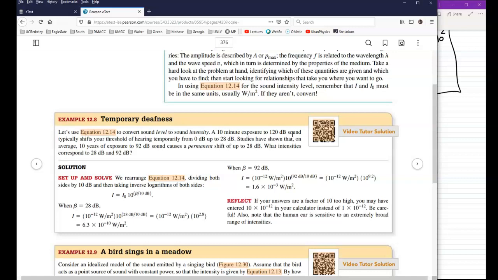So 120 decibel sound typically shifts your threshold of hearing temporarily from 0 to 28. In other words, you become hard of hearing temporarily. I have experienced that myself, attending a rock concert back in the 80s when I was around your age.